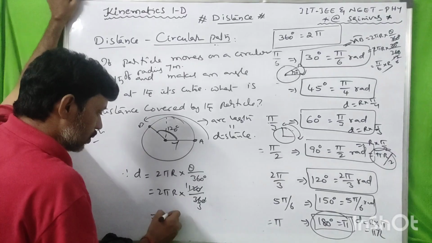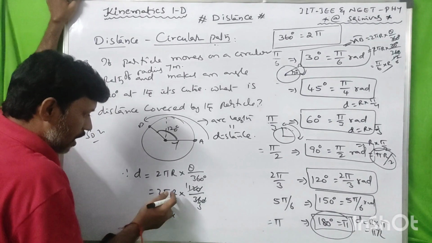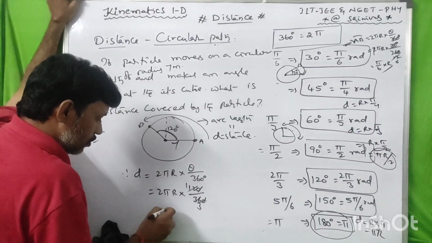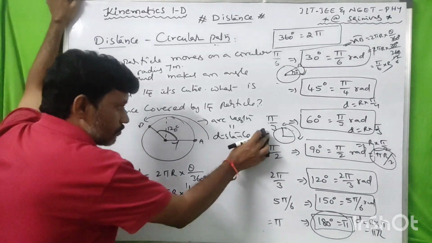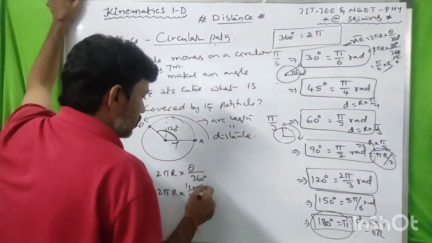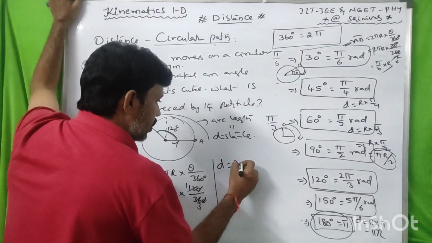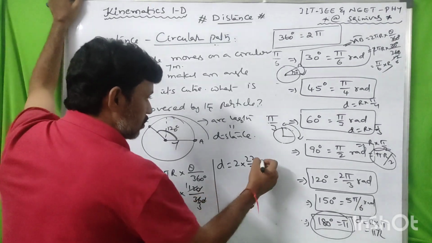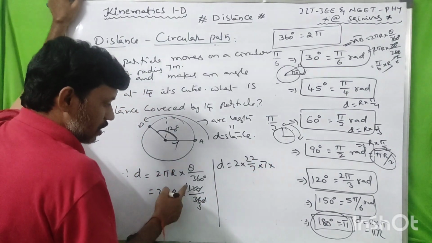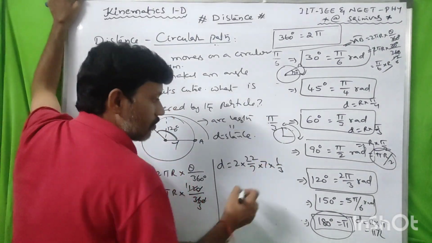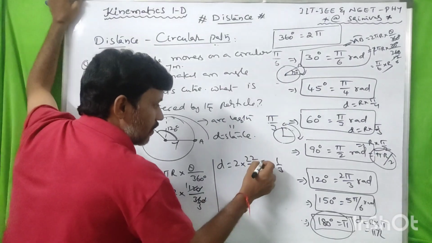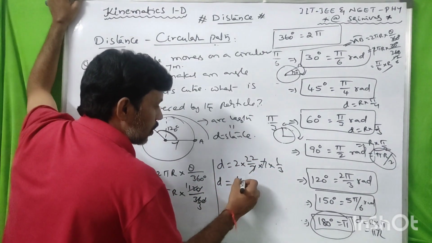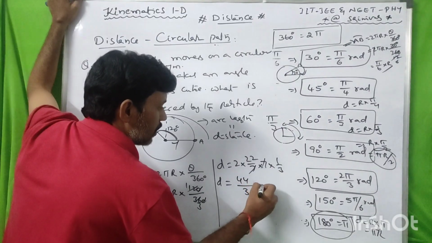So d is equal to 2 into pi value 22 by 7 into r value 7 into 1/3. The 7s cancel. Now d is equal to 2 into 22, 44 by 3 meters. That's it.